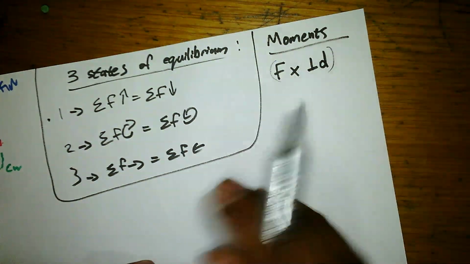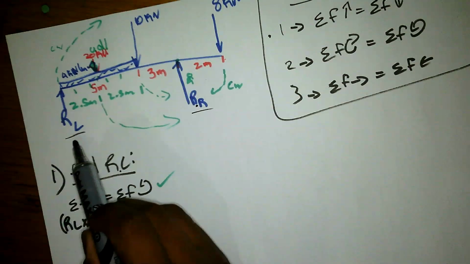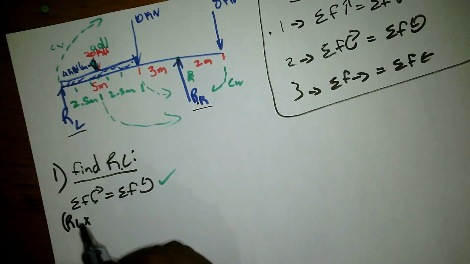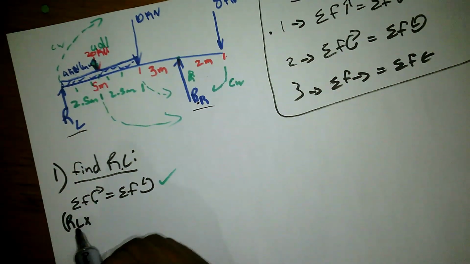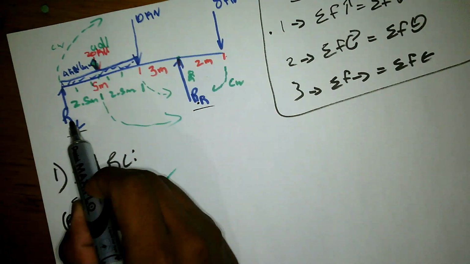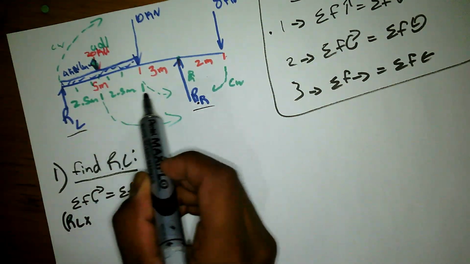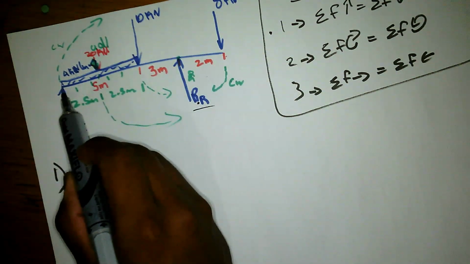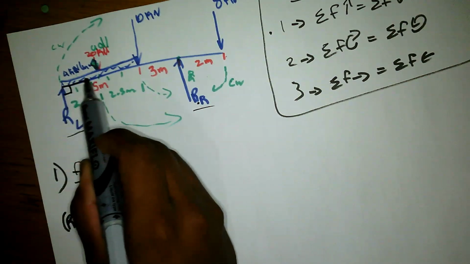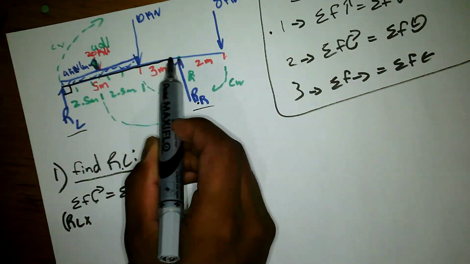We are calculating moments here. So RL is the force times the perpendicular distance to the reference point.